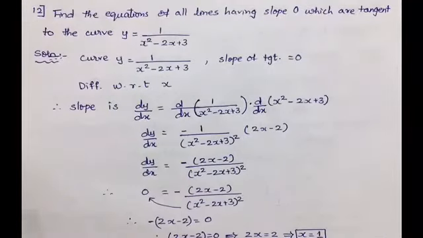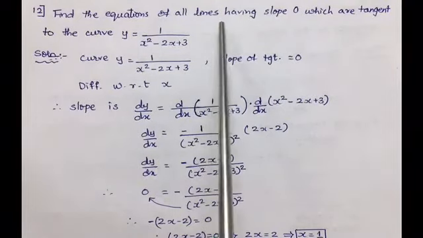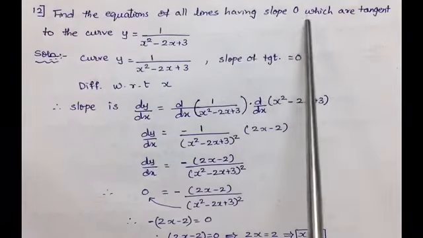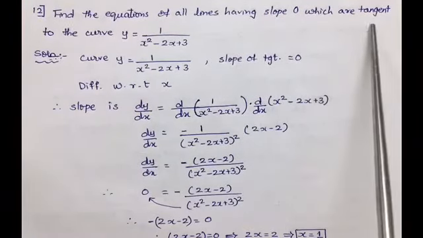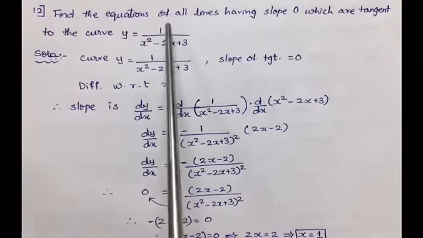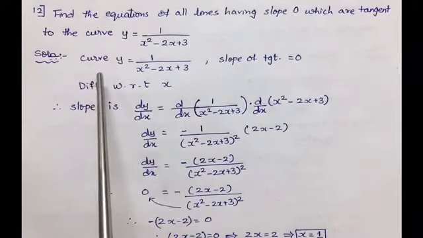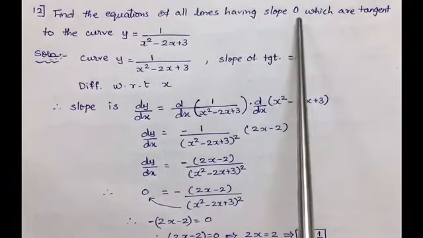12th one, again it is same as 10th and 11th example, but here the slope value is different and the equation is different. The question is, find the equations of all lines having slope 0 which are tangent to the curve y equal to 1 upon x square minus 2x plus 3. Now the slope value is given to be 0.